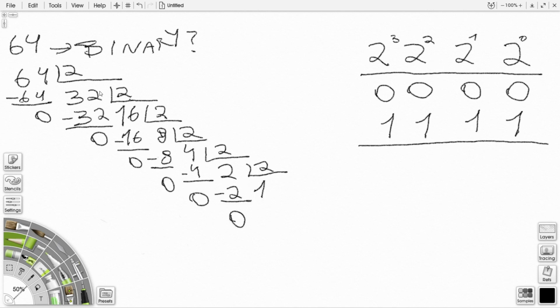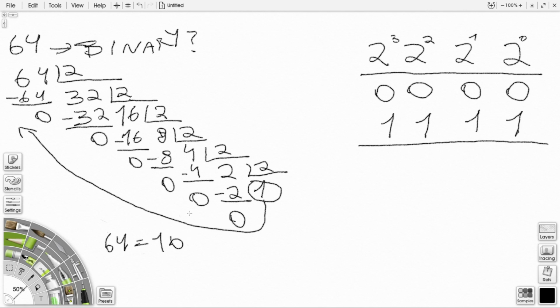Now we have 64 in binary. We're going to circle our most significant bit here, then go backwards. So 64 in binary is the same as 1, 0, 0, 0, 0, 0, 0.